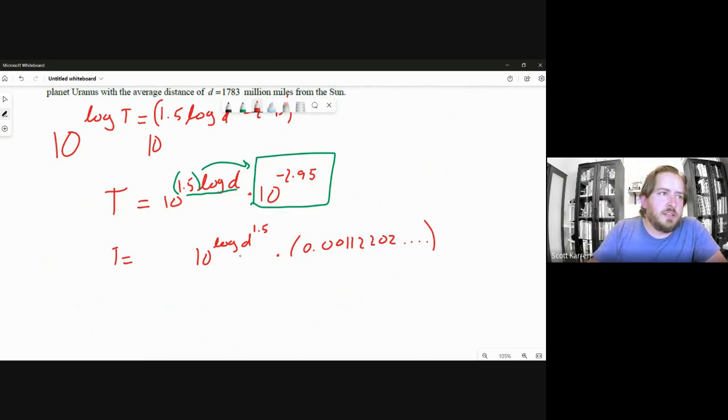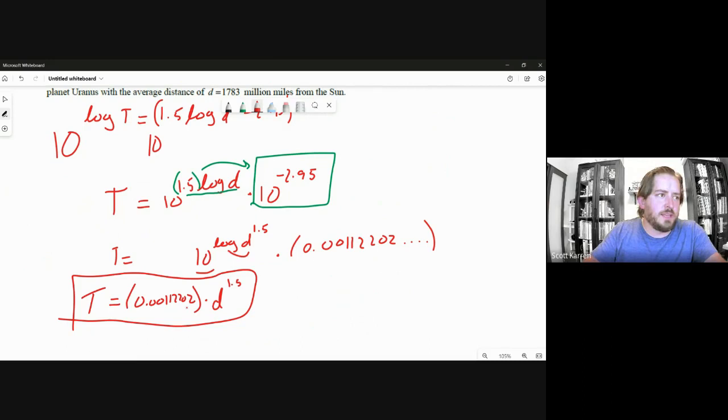For this, 10 to the log base 10 of d to the 1.5 simplifies further because it's 10 raised to the log base 10, so it just simplifies down to d to the 1.5 power, multiplied by that 10 to the negative 2.95, or this 0.00112202. So that's fine. Or if you don't want to put that 0.001122 garbage, you can also write t equals 10 to the negative 2.95 and just leave it like that, times d to the 1.5. Either one of these is fine.